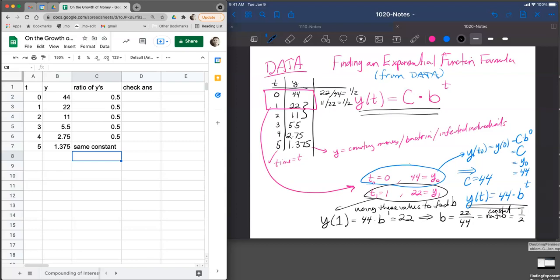So we now know that the exponential function that fits this data is 44 multiplied by the base, which is a half, to the power t.